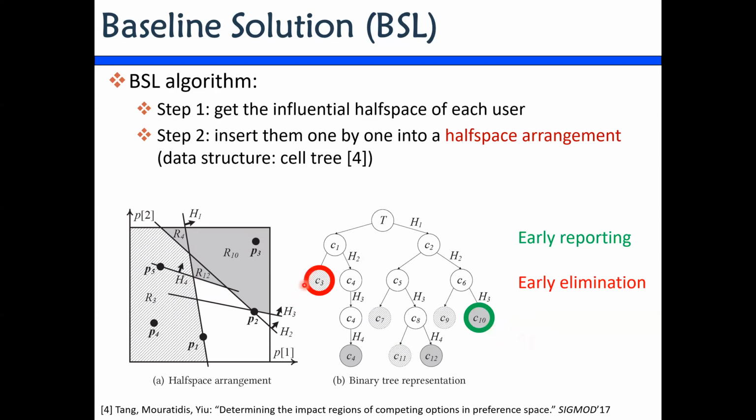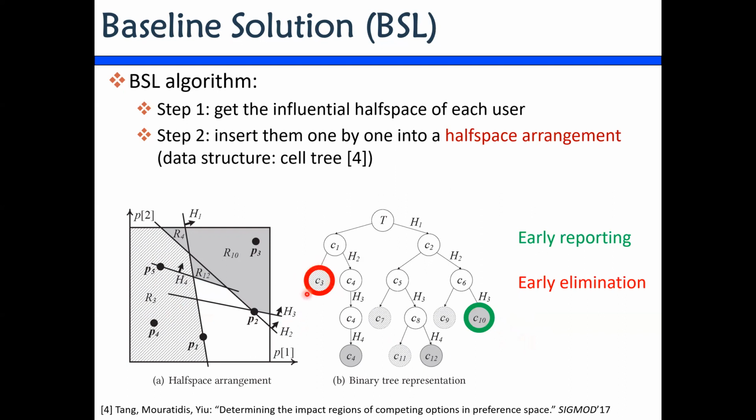Similarly, it is possible to have some partitions, respectively cells of the cell tree, that are already excluded by far too many half spaces, so that even if all the remaining half spaces to be inserted would include it, they would still not be enough to meet the target m.